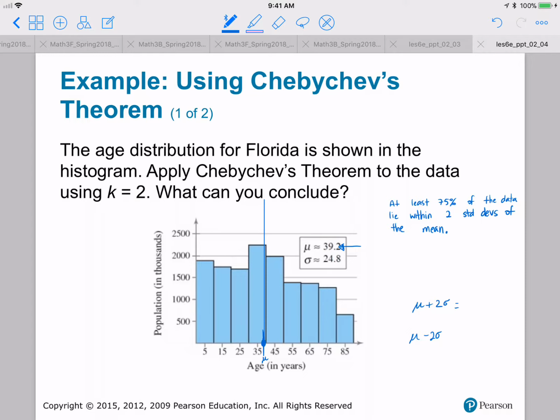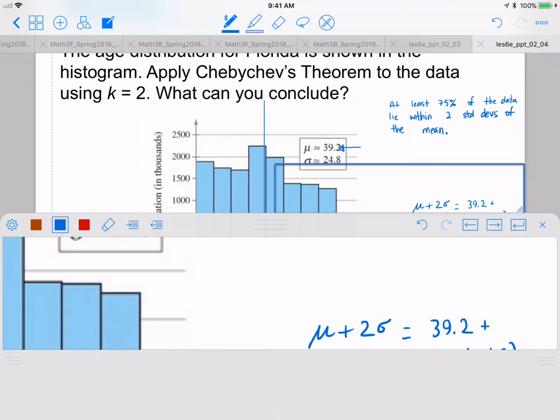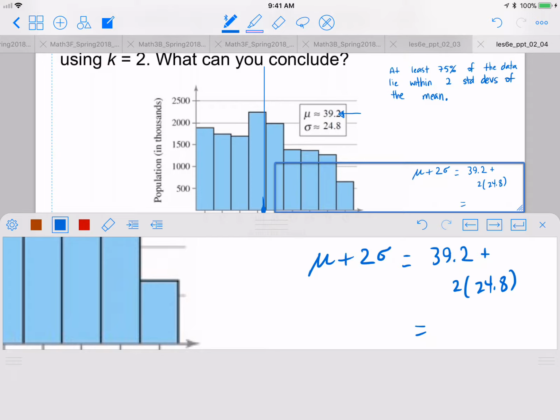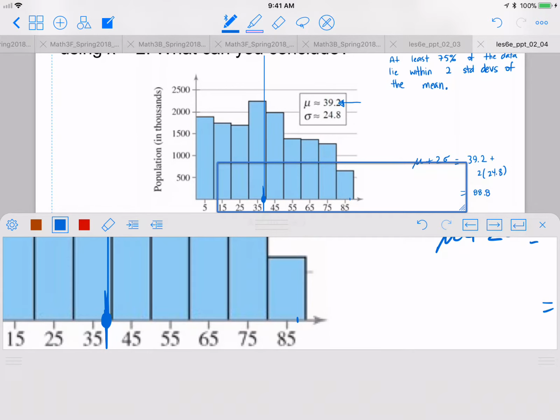So mu plus 2 sigma is going to be 39.2 plus 2 times 24.8, since sigma we are told is 24.8, which gives us 88.8. Ooh, that's a lot. It's like maybe right here.